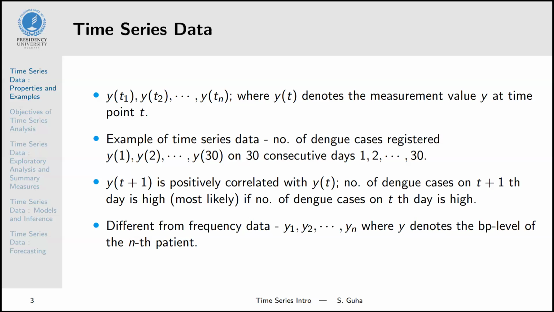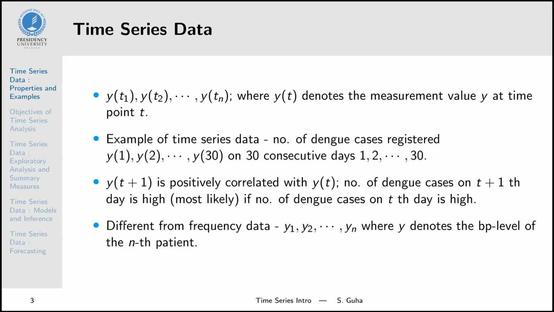Positive correlation means if today's observation is high, tomorrow's observation is also supposed to be high. Like if today we have seen 50 patients, I'm assuming 50 patients is quite high, which may not be true, but I'm just considering one benchmark that 50 patients means high. So tomorrow I'll see 45 patients, in that case it is also considered to be high. Or tomorrow I see 55 patients, then also it is considered to be high.